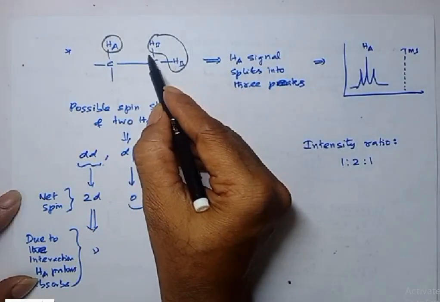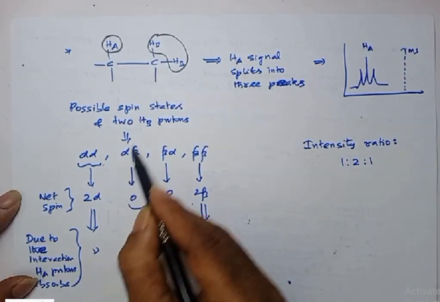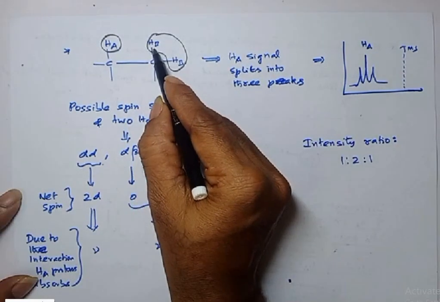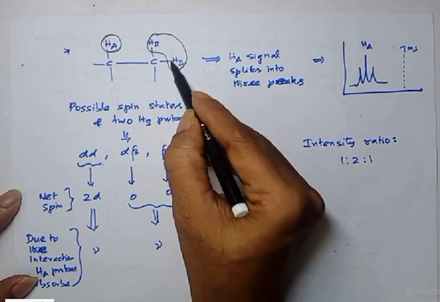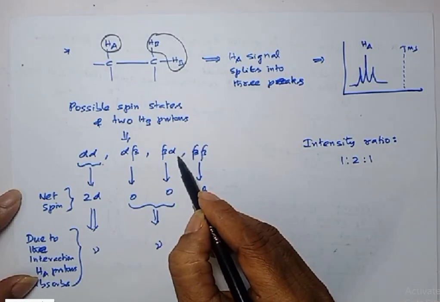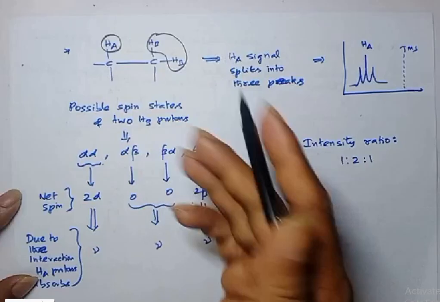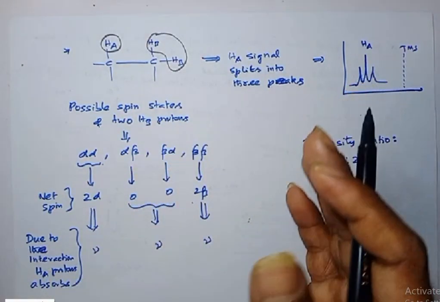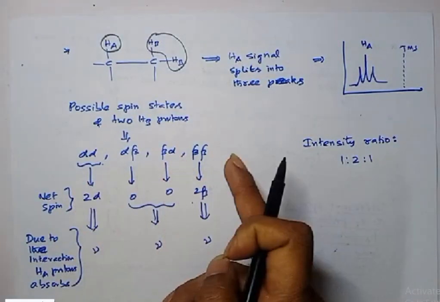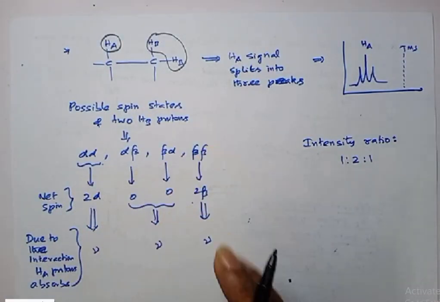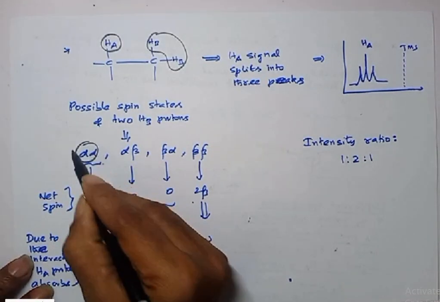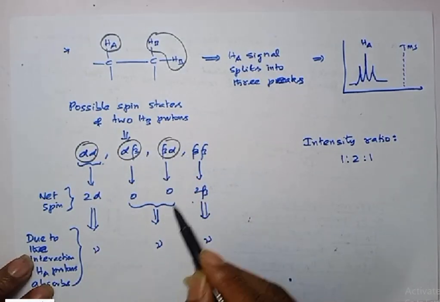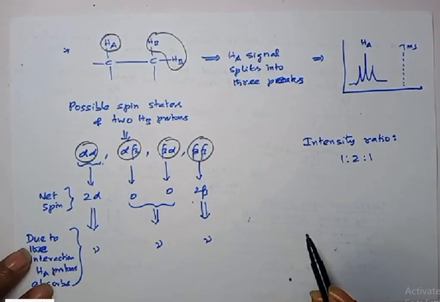In another molecule, this Hb may have alpha spin and this Hb may have beta spin. In another molecule, this Hb has beta spin and this Hb has alpha spin. And in another molecule, both may have beta spin. So if you take 100 molecules, there are equal probabilities of all these spin states. So we have a spin state with alpha alpha, alpha beta, beta alpha, and beta beta.